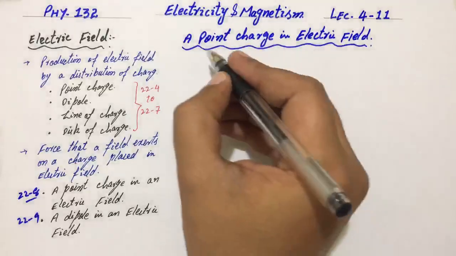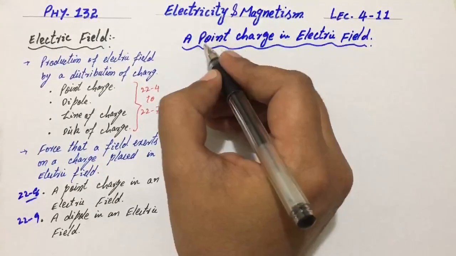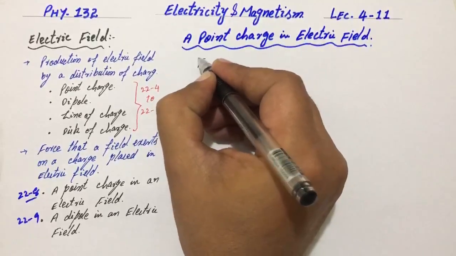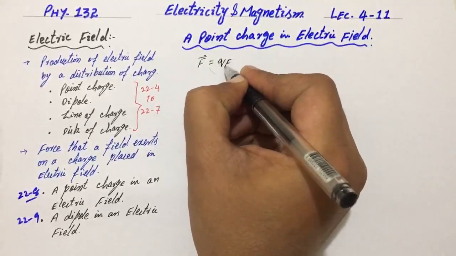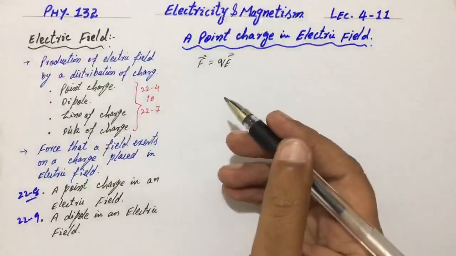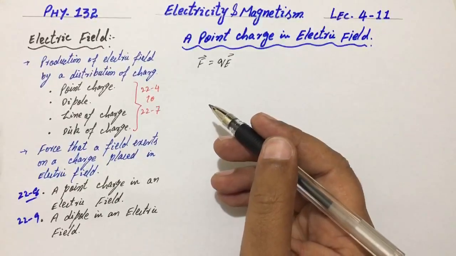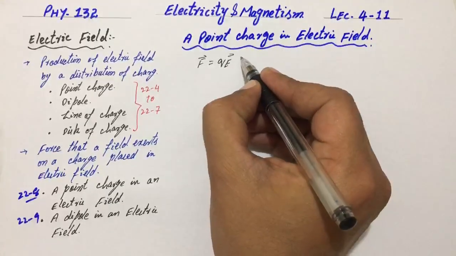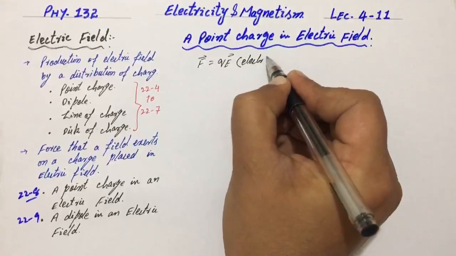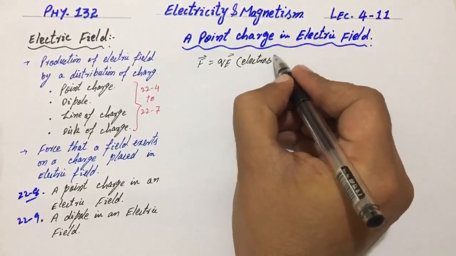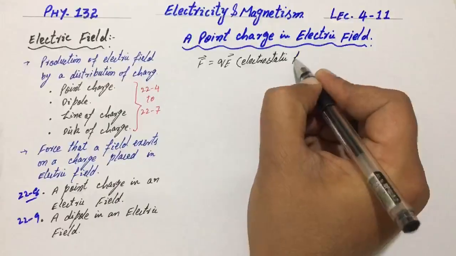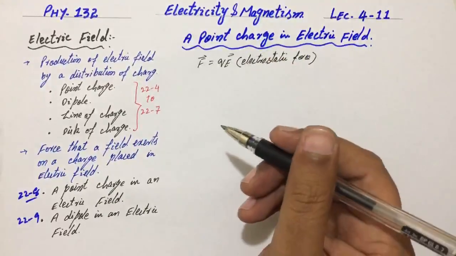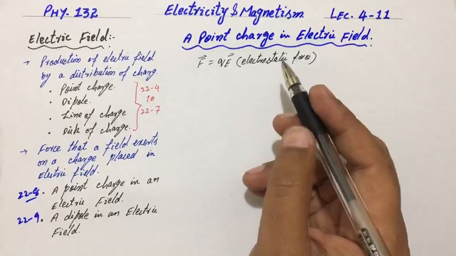So when an electrostatic force acts on a charged particle, the force is F equals Q times E. That is the electrostatic force exerted on a charged particle when it is placed in an electric field. So I can write down here: electrostatic force that charge Q experiences once it is placed in an electric field.